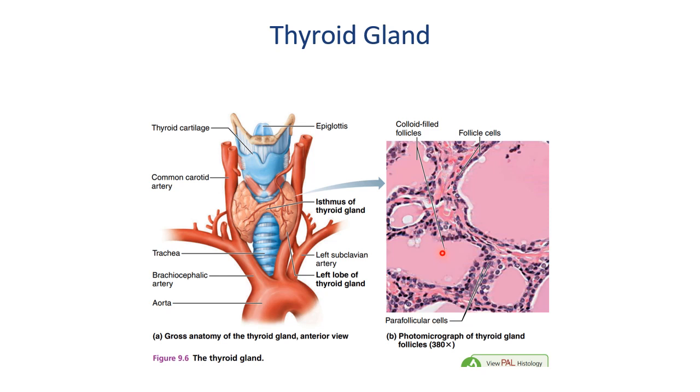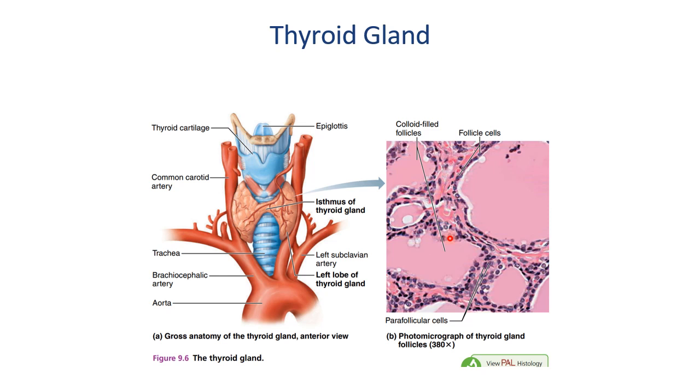So this is your colloid, which contains thyroglobulin. Thyroglobulin is a protein that is very rich in tyrosine, an amino acid. And that tyrosine will be the one utilized by the follicular cells to synthesize the thyroid hormone.